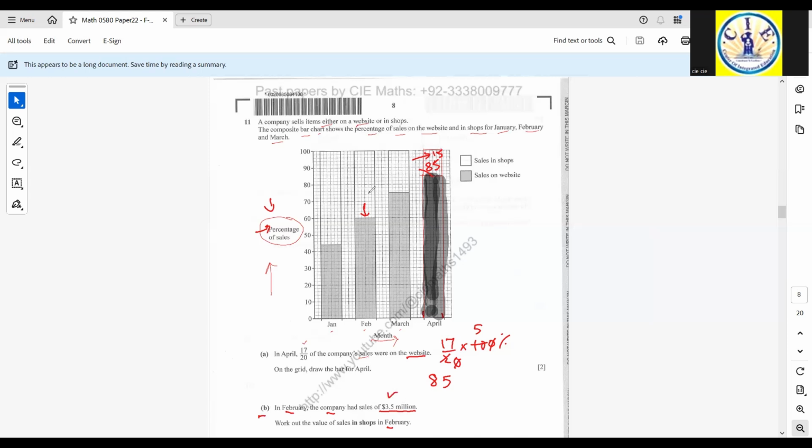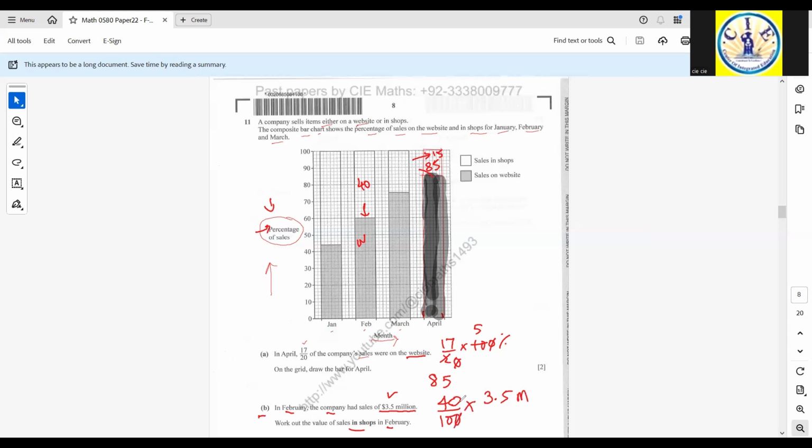And we see that up till 60% are the sales on website, and the remaining 40% are the sales in shops. So for sales in shops, I need to calculate 40% of 3.5 million.